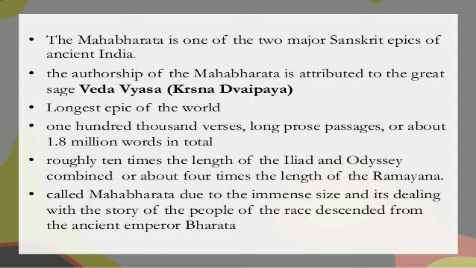The Mahabharata is one of the two major Sanskrit epics of ancient India, and the authorship of the Mahabharata is attributed to the great sage Vedvyas. It is the longest epic in the world, and the Mahabharata narrates the story of people descended from the ancient emperor Bharata.